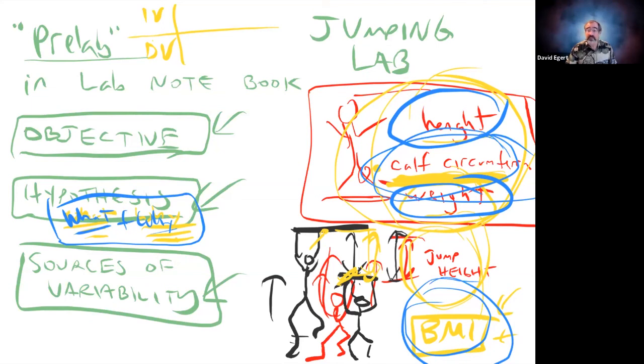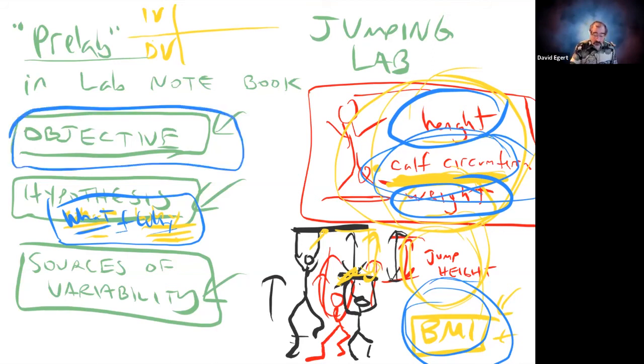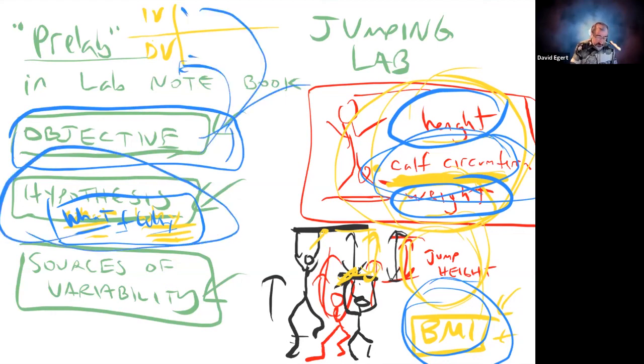We get the data, and it might be your guess is wrong. That's why it's a guess, right? So the objective is going to be that simple: what's the relationship between the independent and dependent variable? Hypothesis: what do you expect and why? Sources of variability: what are possible sources of variability in this?